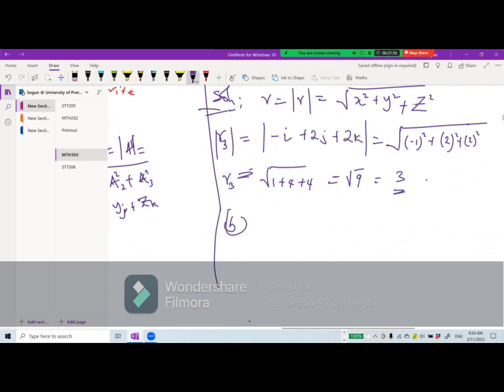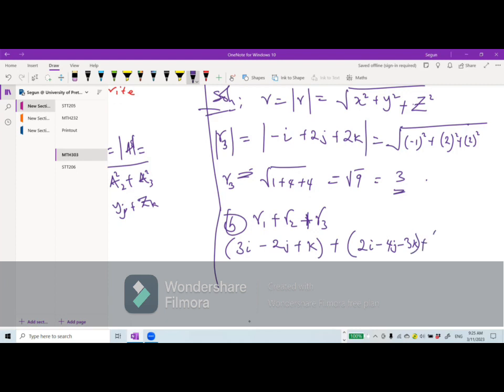Under B, we have R1 plus R2 plus R3, which is the same thing as R1, 3I minus 2J plus K, plus 2I minus 4J minus 3K, plus negative I plus 2J plus 2K.